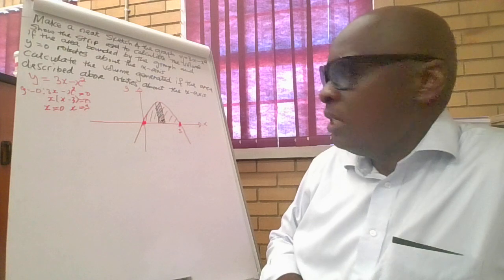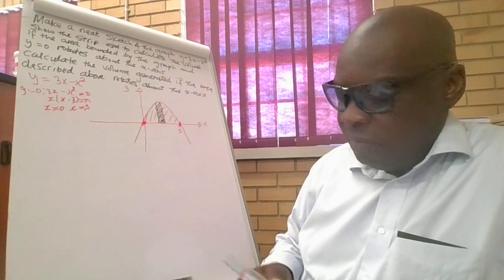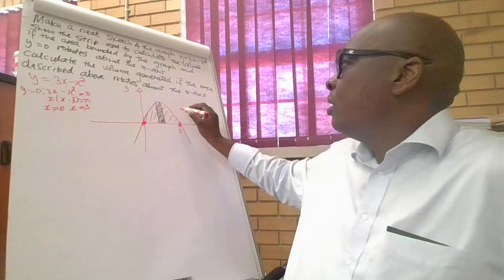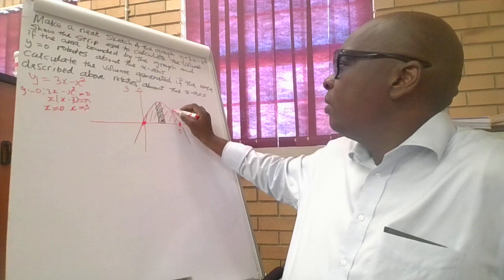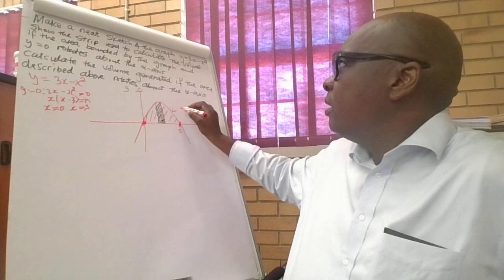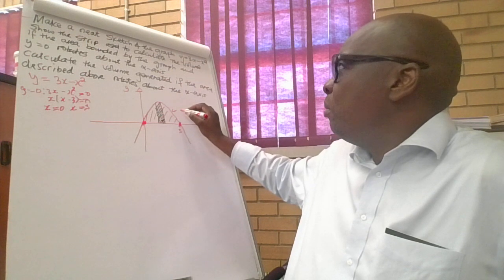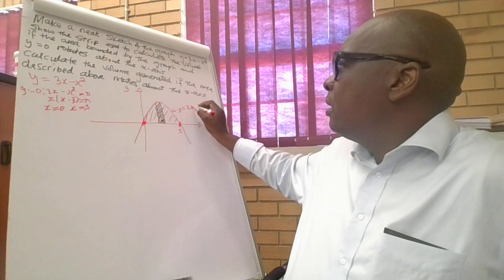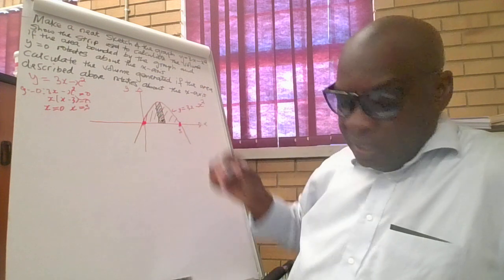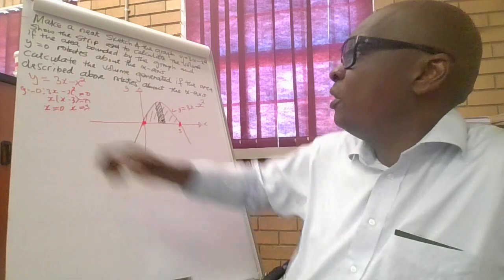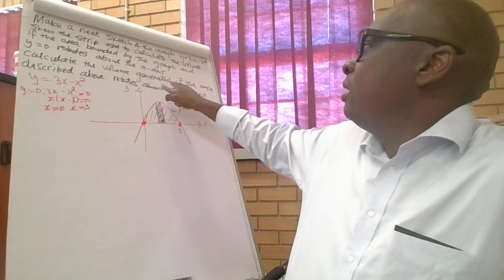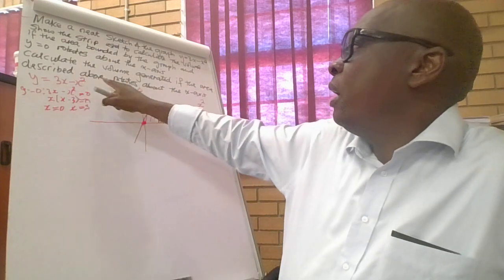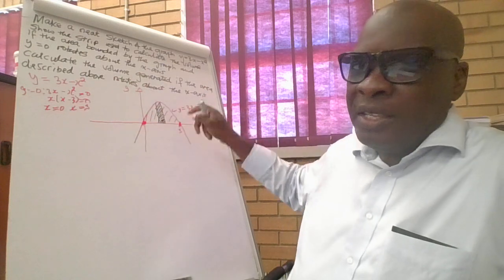So now that we have a neat sketch of this graph and the conditions given to bound the area, we can now go ahead and calculate the volume. So the question says calculate the volume generated if the area described above rotates about the x-axis.